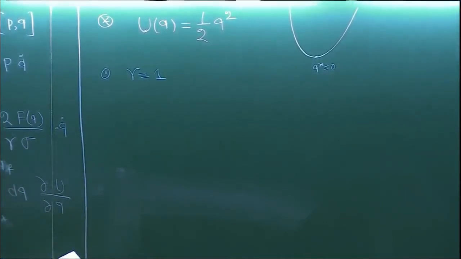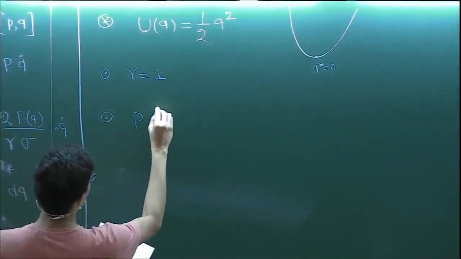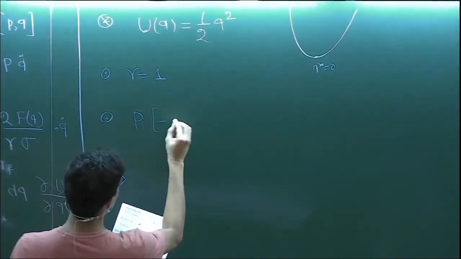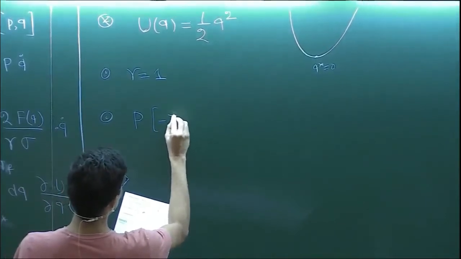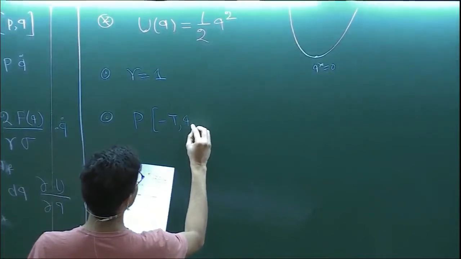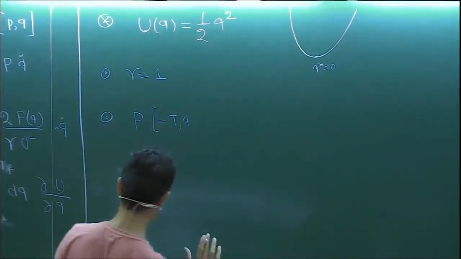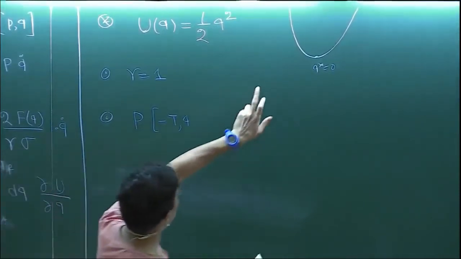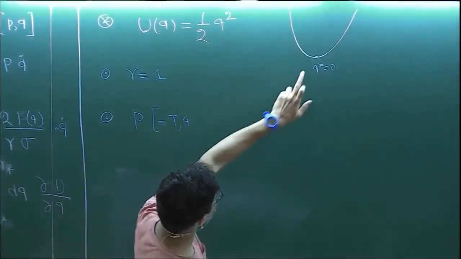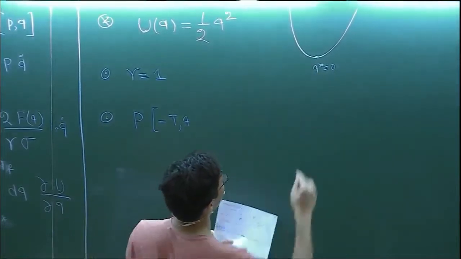Now, the problem I want to address is this: rather than starting at Q star, which is the minimum, I'm going to start at some other point.